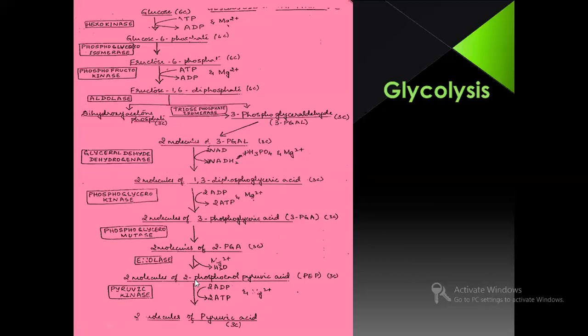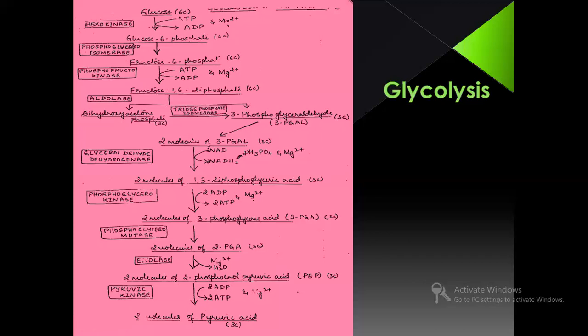Now these two molecules of PEP, that is phosphoenol pyruvic acid, they undergo dephosphorylation. In the sense, they lose phosphate molecule. And again, you can see in this step, there is liberation of two molecules of ATP.